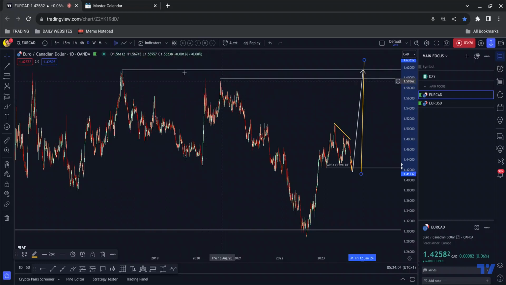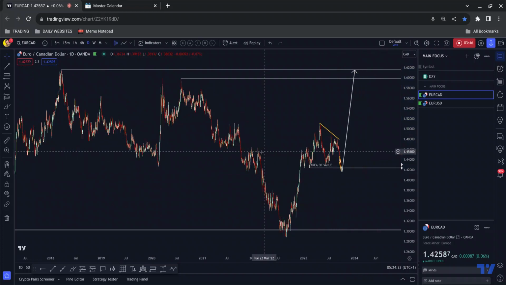So when price gets close to an area of value such as this, which is why I've got a ray line there, and it doesn't quite make it, it often sells off and then finds its way back up to there to do whatever it's going to do, be that sell off from here or form a correction to go higher. Okay, so that ties in as well.